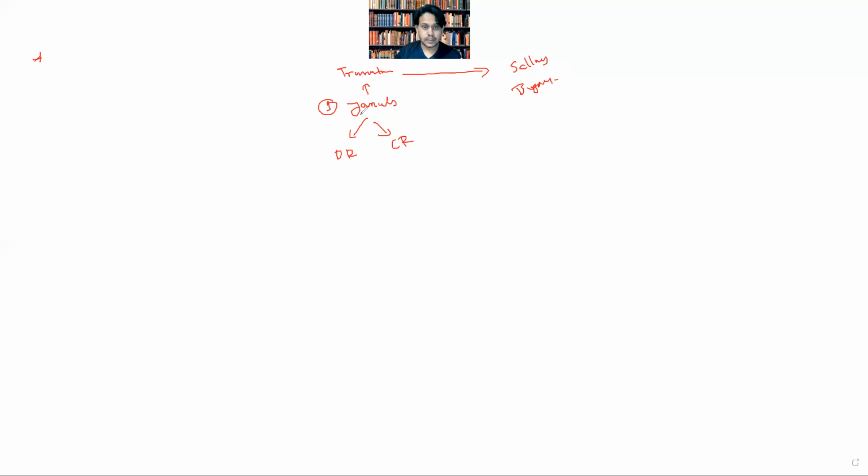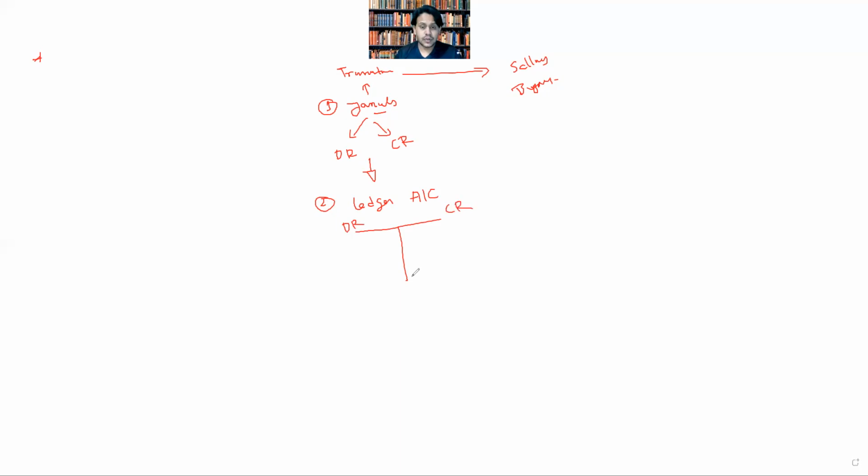So once you prepare the journals, by using these journals, step number two will be to prepare the ledger account. Now the ledger account means the T account. It looks like a T. We know the left hand side is the debit side and the right hand side is the credit side.